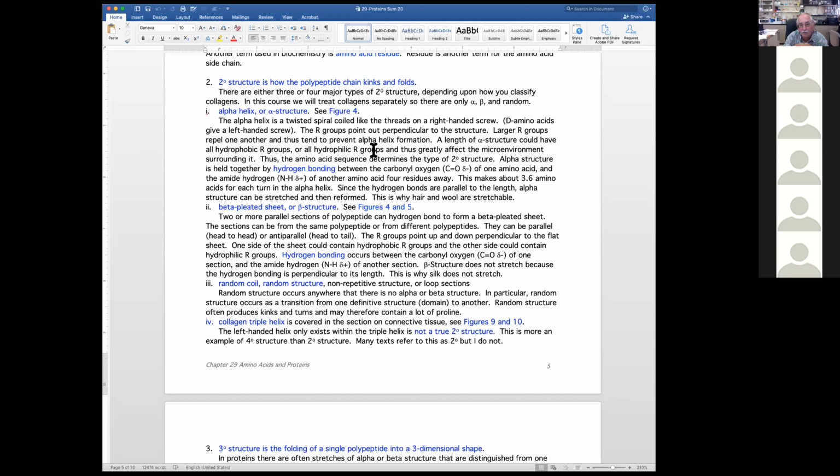The physical properties is what we're talking about. So it's held together by hydrogen bonding between the carbonyl oxygen and the amide nitrogen of another one, about 4 residues away. So that makes about 3.6 amino acids in each turn of the alpha helix. Okay.